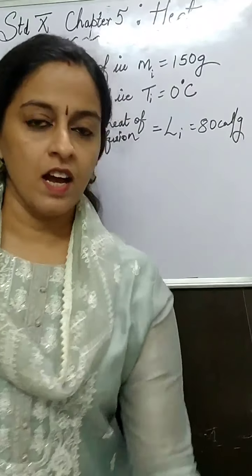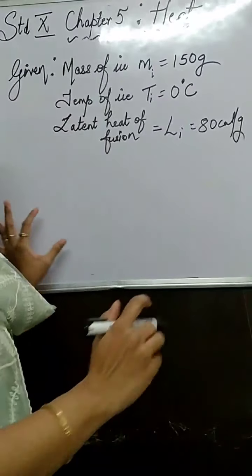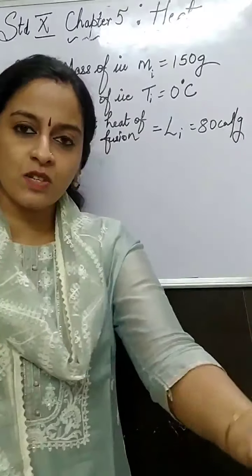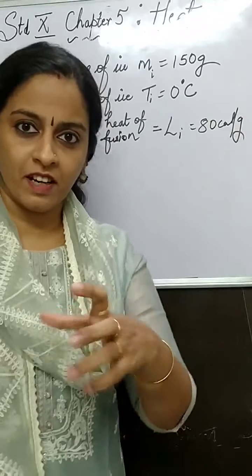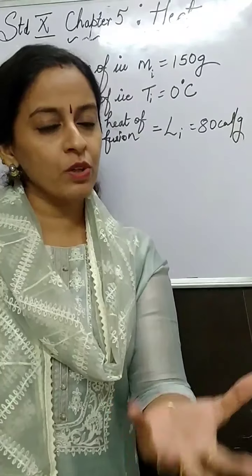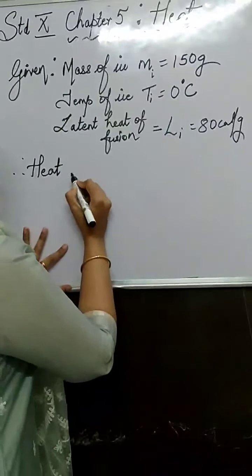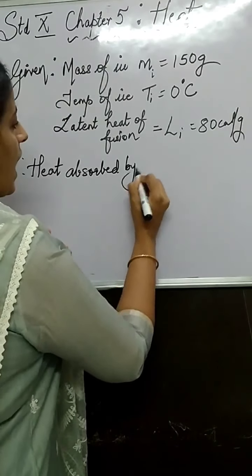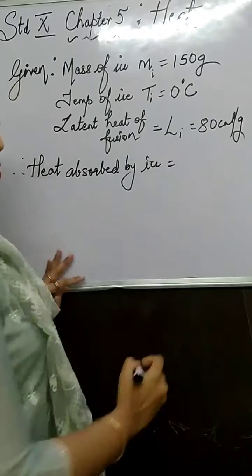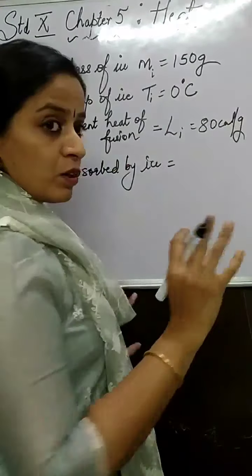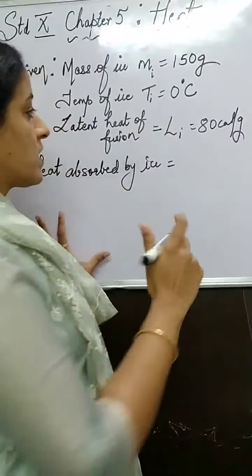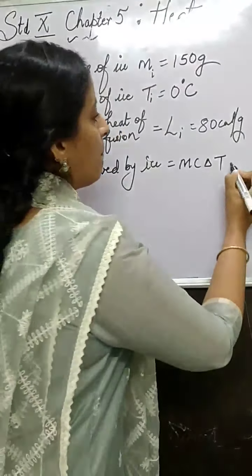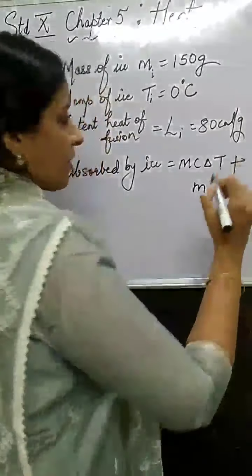Understood about ice? Now what is happening to this ice? Steam will give heat. Ice is going to absorb heat. Understood, no children? Ice is going to absorb heat. So we will write heat absorbed by ice is equal to, write down, two processes are going to take place here, which is MC delta T plus ML.